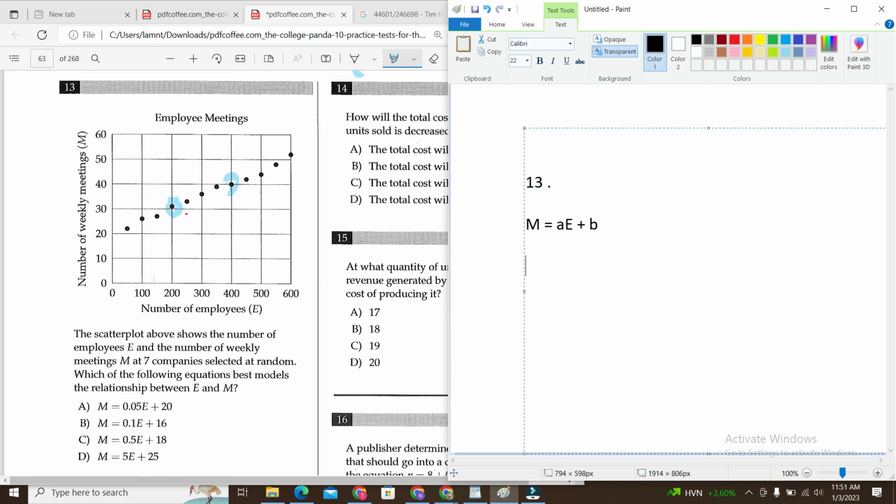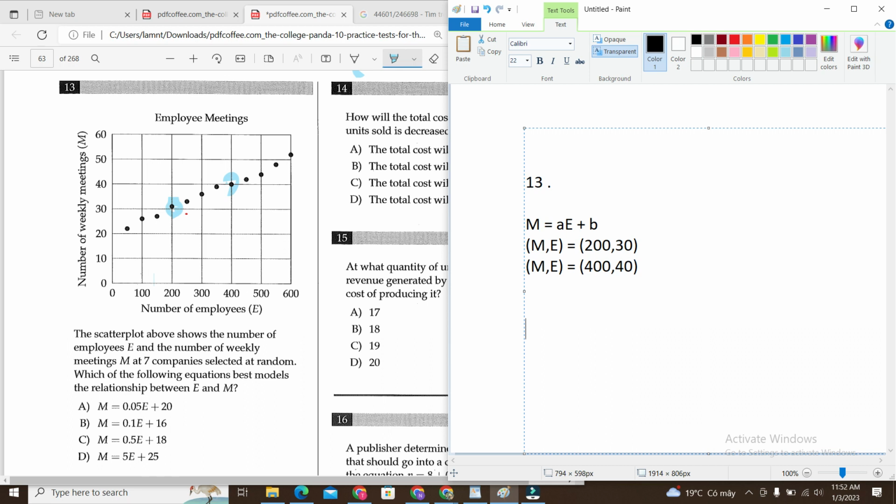And we know that it goes through this point, M, E. So it goes through the point 230 and about 31 and 30, and it also goes through 400 and 40. So we can put it in to solve for A and B.